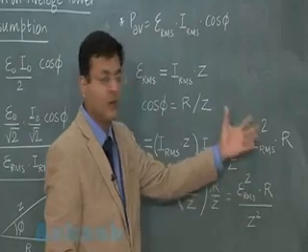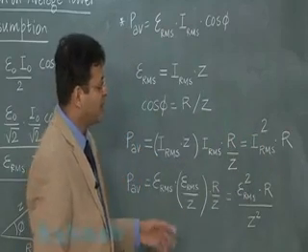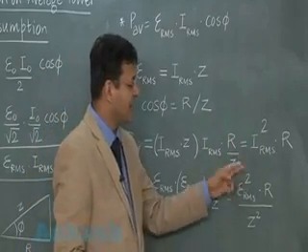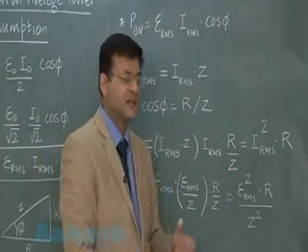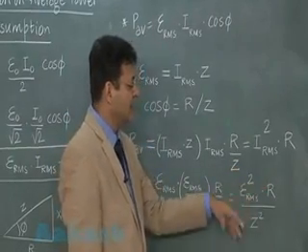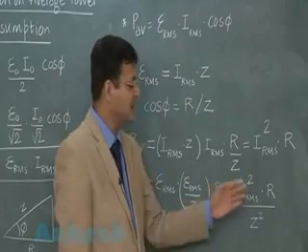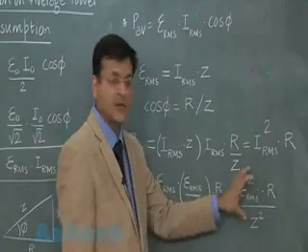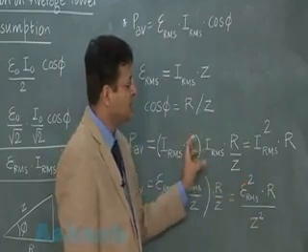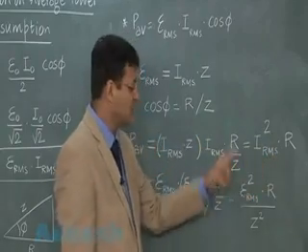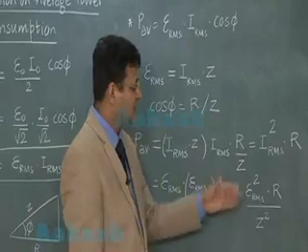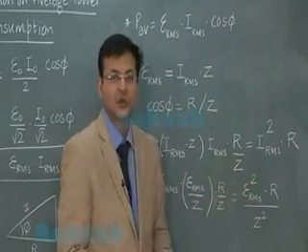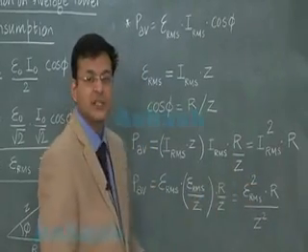This expression is true for a pure resistor as well, but for a general circuit you cannot use ERMS square upon R. Only when you have a pure resistor circuit, then Z is equal to R, and then you can substitute the expression E square by R. This is the kind of warning I am giving to you, that just by looking at this expression, do not jump onto the expression ERMS square by R. Rather, you have the correct expression as this, so long as the average power consumption is concerned.